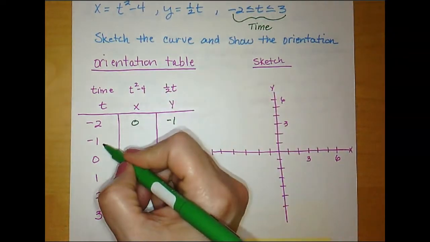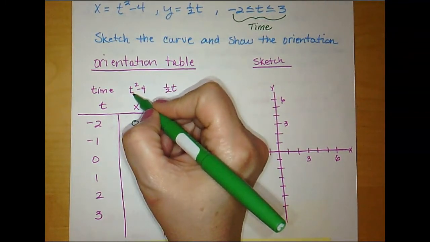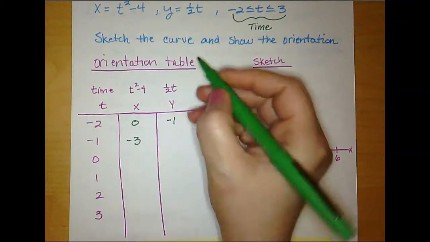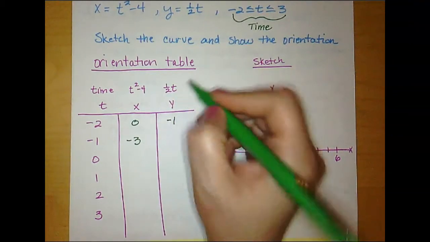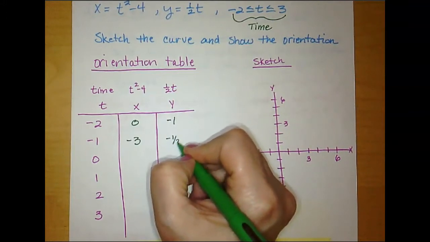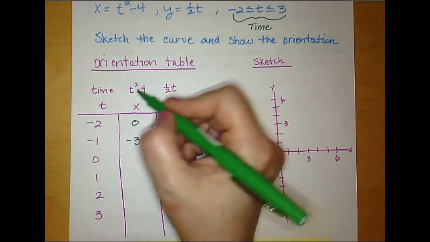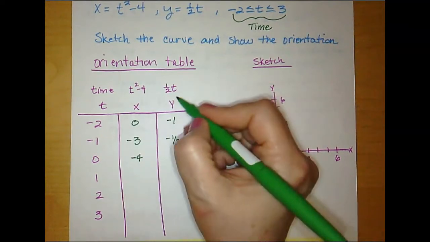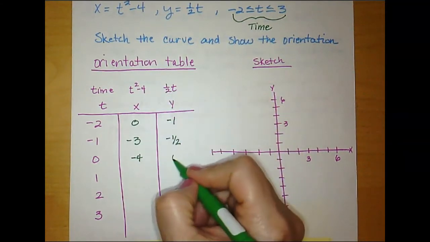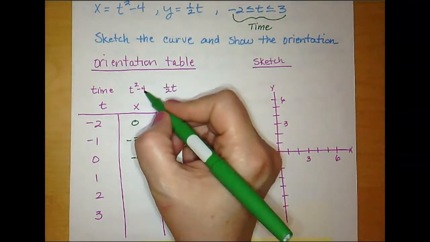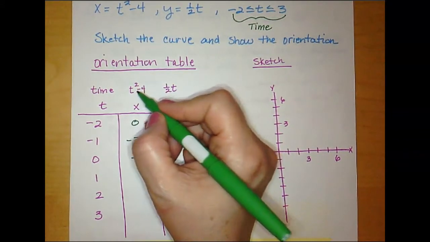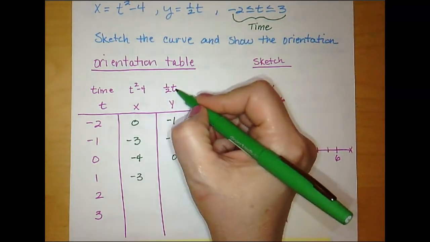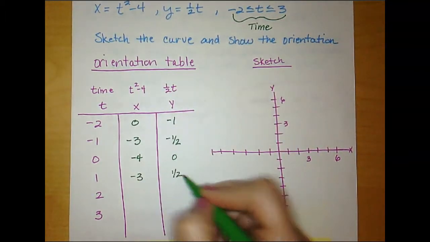So when t is -1, -1 squared is 1. 1 minus 4 gives me -3. And then 1/2 times -1 gives me -1/2. When time is 0, 0 squared is 0, minus 4 is -4, and 0 times 1/2 is 0. When time is 1, 1 squared is 1, 1 minus 4 is -3, and then 1 times 1/2 is 1/2.